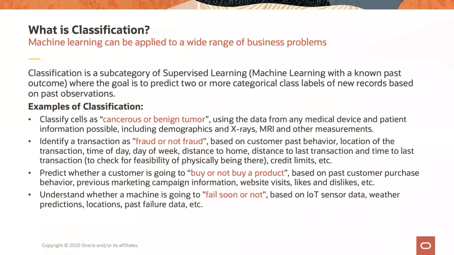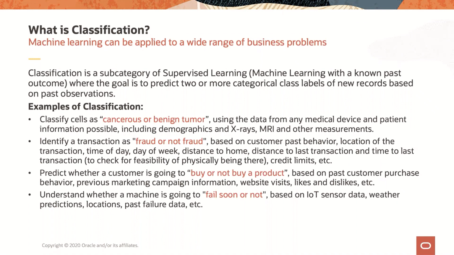And at the end of the day, when you think about classification, specifically when you think about machine learning, we're trying to work with algorithms that would help you identify things and components and people and behavior.